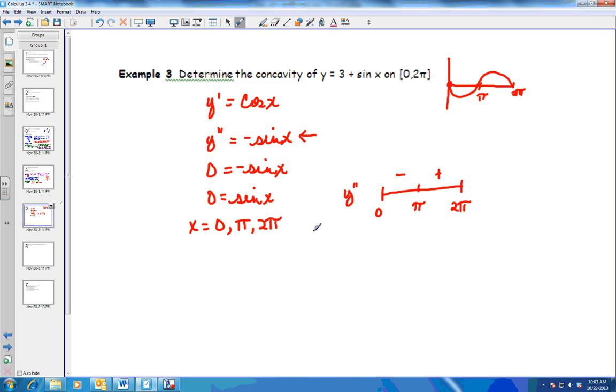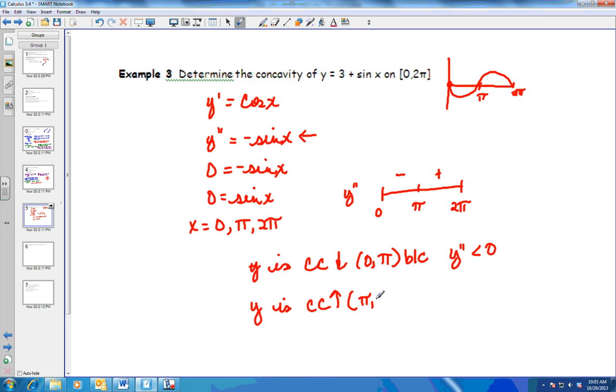All right, so determine the concavity. I'm going to write y is concave down from 0 to pi because my second derivative is less than 0. y is concave up from pi to 2 pi because my second derivative is positive, or greater than 0.